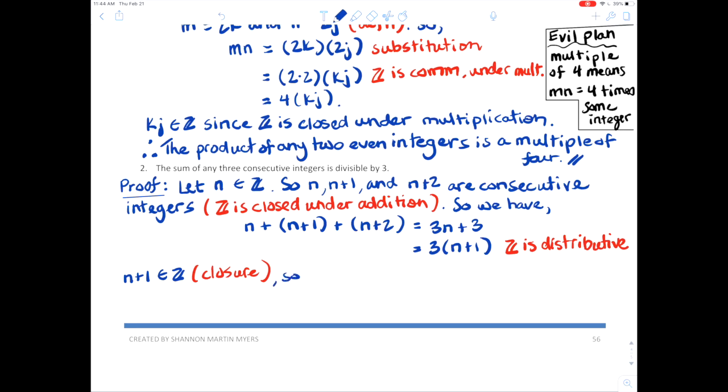So 3 divides 3 times n plus 1 by definition.